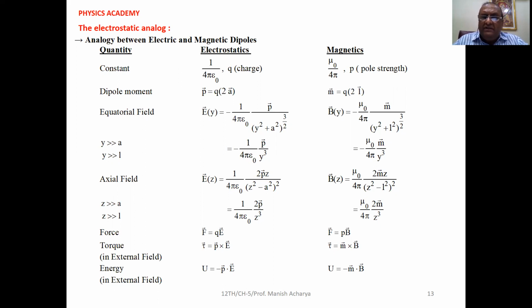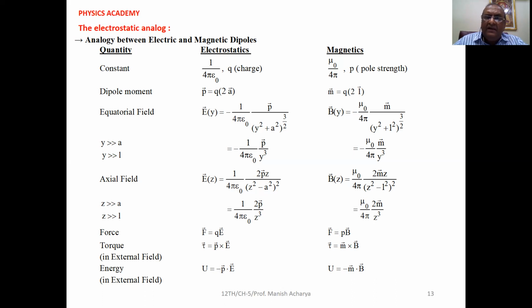Here one more thing you have to keep in mind: the role of positive charge in electrostatics and the role of north pole in magnetics is identical. Similarly, the role of negative charge in electrostatics and the role of south pole in magnetics is identical.